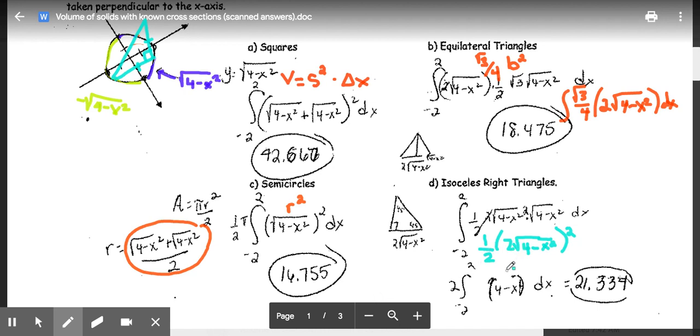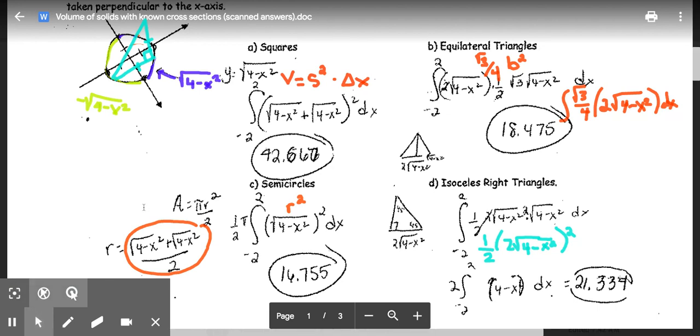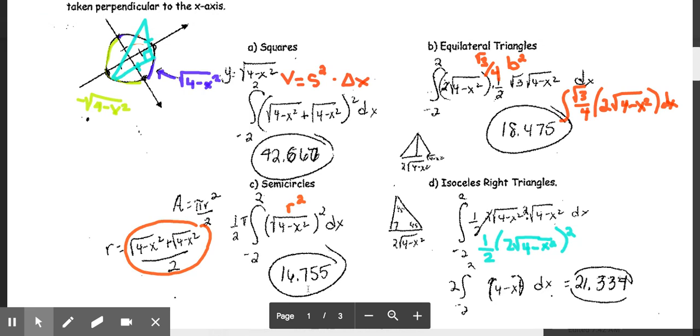Guys, do you have to simplify the integral before you plug it in? Absolutely not, but I did here. I said this is going to be 4 times 1/2 is 2, and then root 4 minus x squared squared is just 4 minus x squared. You don't have to do that at all. Don't worry about that. Okay. All right, what do you think? The 2 times root 4 minus x squared is just top curve minus bottom curve, right?